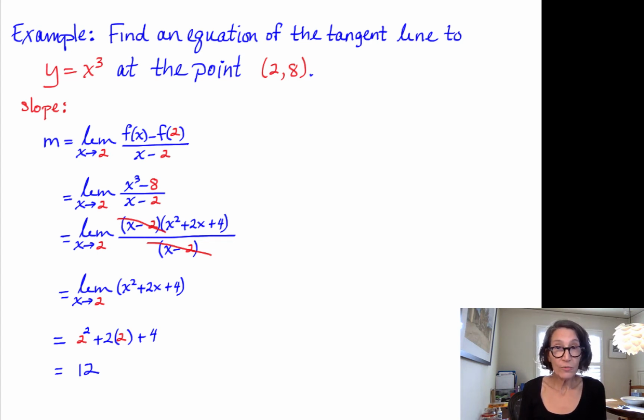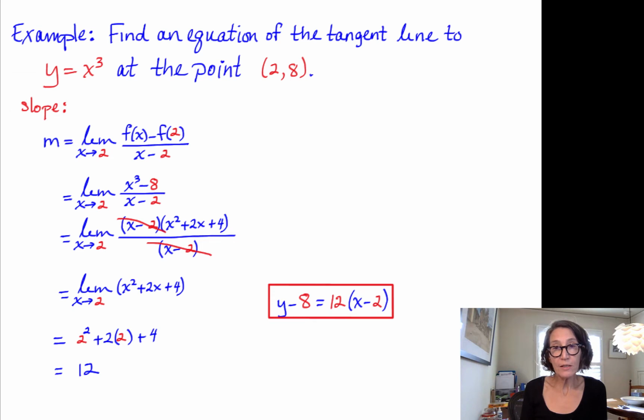Great, we've got our slope, we've got the point, and we can write down the equation. So it's y minus the y-coordinate of the point is equal to the slope times x minus the x-coordinate of our point. That's the point-slope form of the equation of the line.